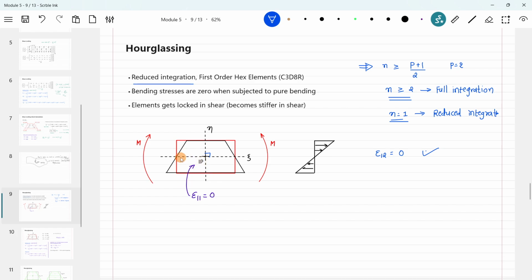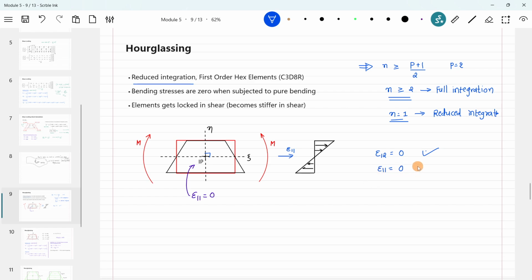However, if we see the bending stress or bending strain, as we know, it is in this direction, epsilon 11. And the stretch happening along this direction at the integration point is 0. The length before and after deformation at this integration point is the same, so we can say epsilon 11 is 0.